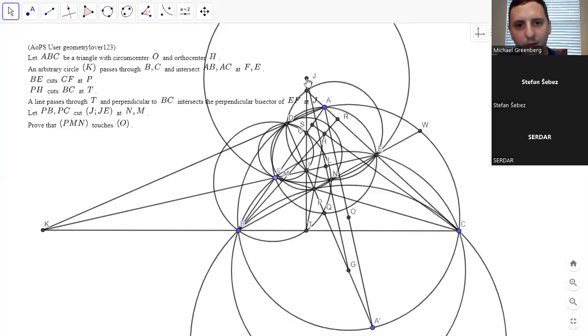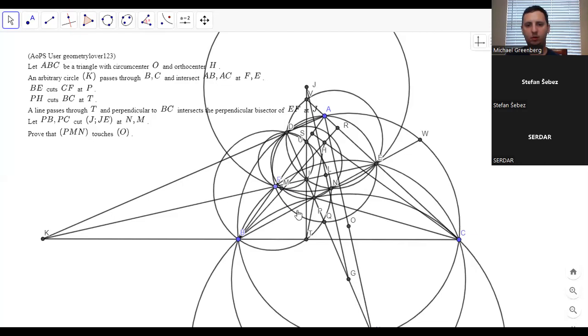so where did we use that J lies on the perpendicular bisector? I guess we had to use it somewhere. Yeah, in this whole thing. So that should solve it. Actually, we didn't just prove the tangency, right? Serdar, could you tell again how you proved that N lies on that circle?